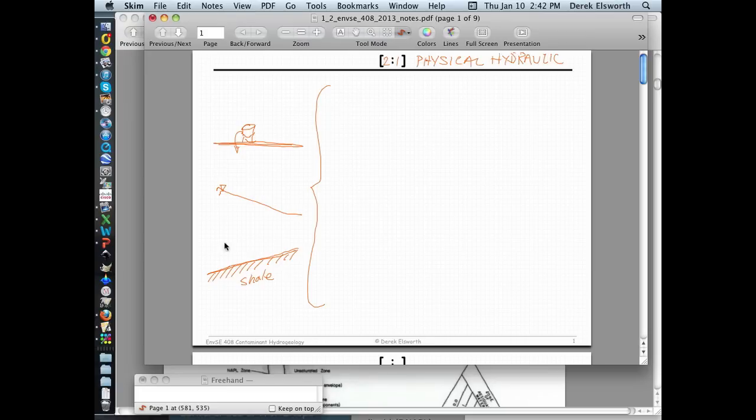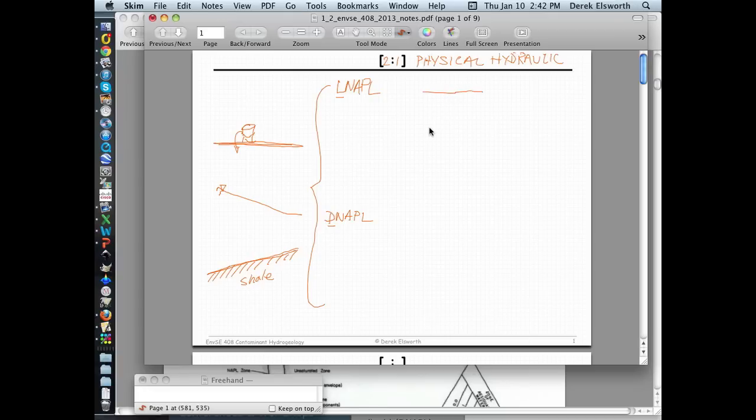Independent of this geometry, if you have a fluid which is lighter than water, a light non-aqueous phase liquid, then the behavior you get would be different if you had something which was denser than water. And the behaviors that you get out of these are the behaviors that we'll go back to the sheet to look at.